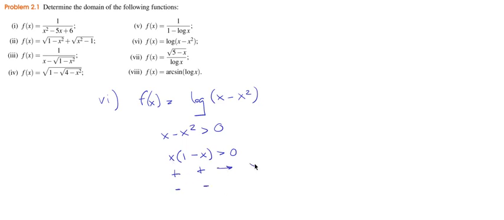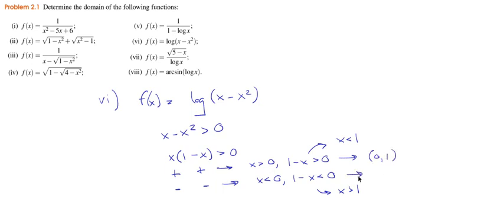So in this case, x is greater than 0 and 1 minus x is greater than 0, or x is smaller than 0 and 1 minus x is smaller than 0. This means that x is smaller than 1. This means that x is greater than 1. So x is greater than 0 and smaller than 1, from 0 to 1, and this guy is the empty set, okay, because x has to be smaller than 0 and greater than 1, so that's impossible. So here the domain is this open interval 0, 1, okay.